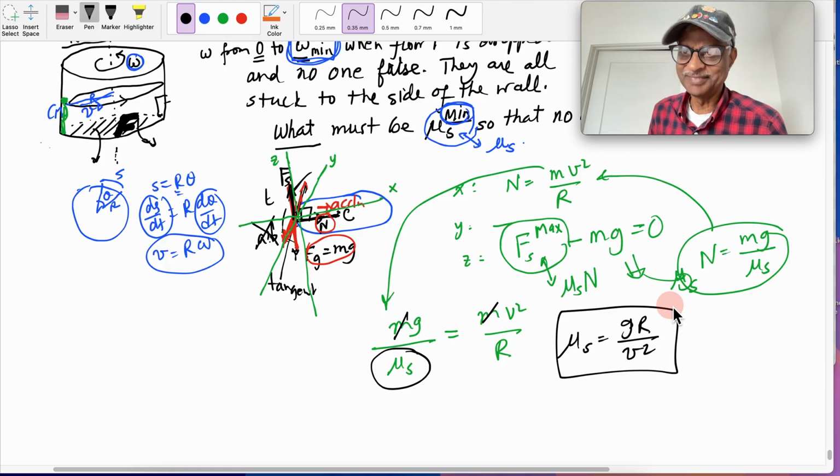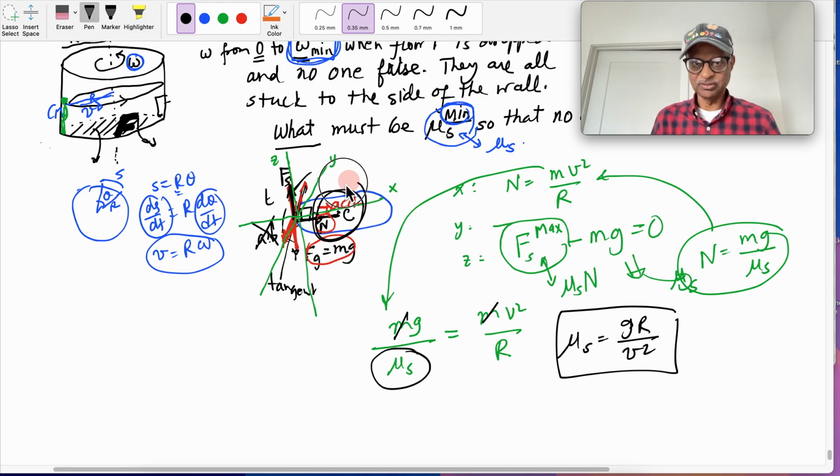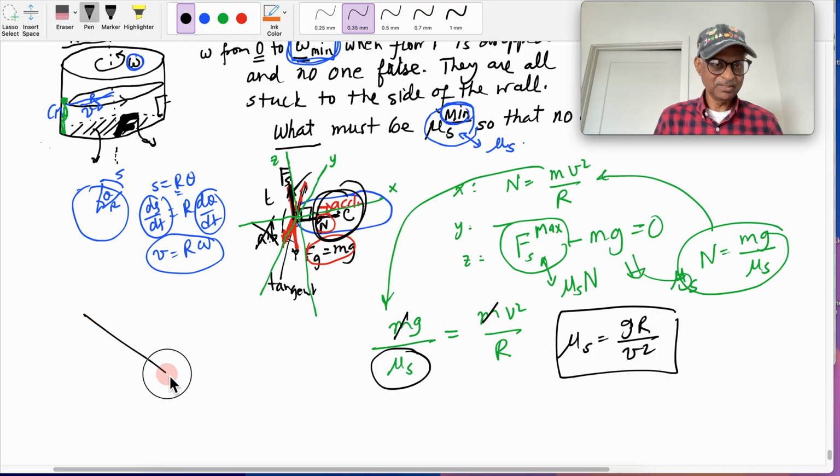Pretty cool, right? Because it's not so obvious before you start that what's really behind this acceleration is the normal force. If you remember from these kinds of things on an inclined plane, acceleration is this way, but the normal is 90 degrees.